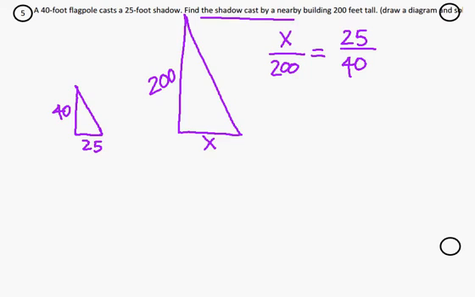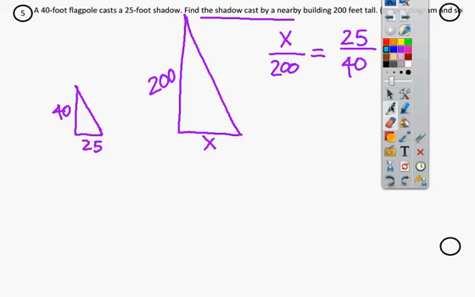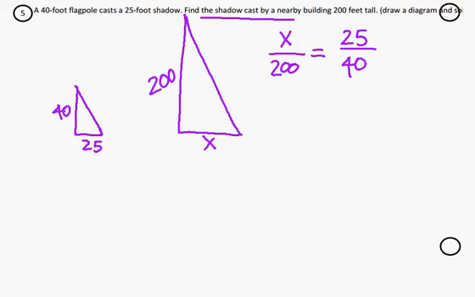And at this point, some of you I've seen doing problems like this, which is fine. Different ways of doing this. I'm going to show you a different way. Some of you are comparing the short side to the short side with the ratio.